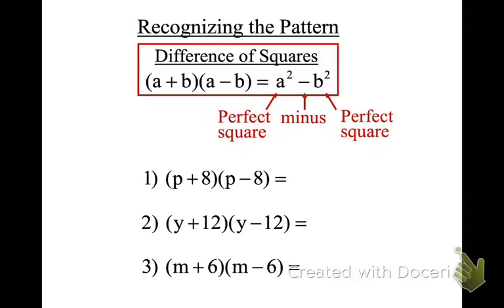When we're multiplying two binomials that are the same but with additive inverses. When the b is the additive inverse, right. So they're the same, a plus b, a minus b, where the b is opposite. Okay?